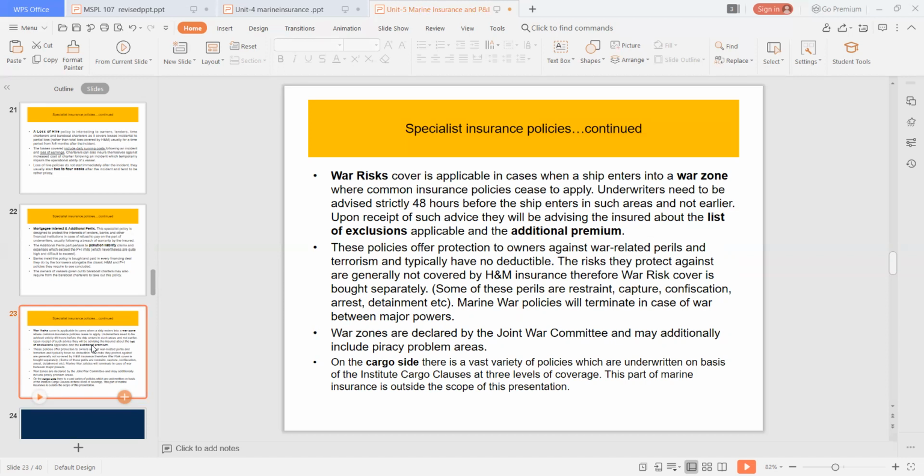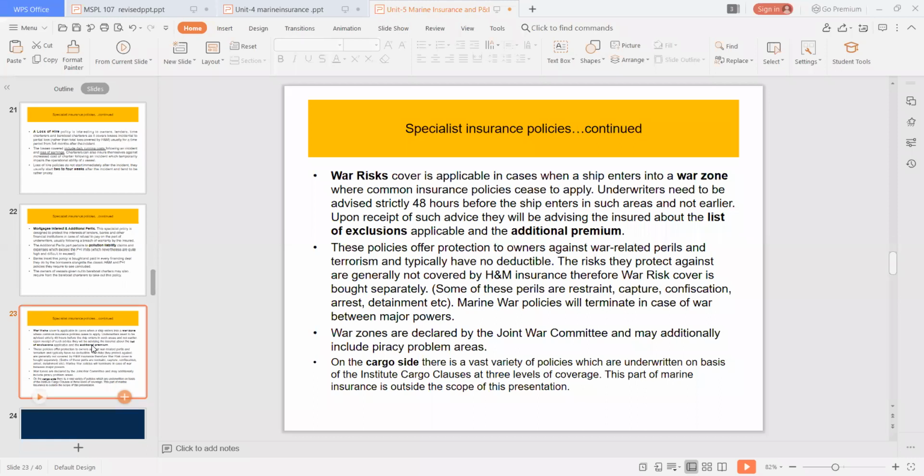These policies offer protection to owners against war-related perils and terrorism and typically have no deductible. The risks they protect against are generally not covered by extended insurance. Therefore, war risk cover is bought separately. Some of these perils are restraint, capture, confiscation, arrest, detainment, etc. Marine war policies will terminate in case of war between major powers. War zones are declared by the Joint War Committee and they additionally include piracy problem areas.